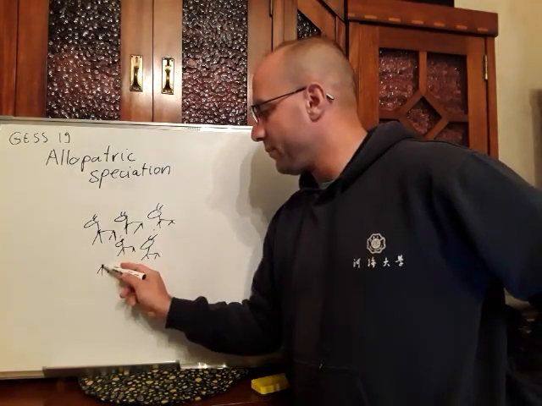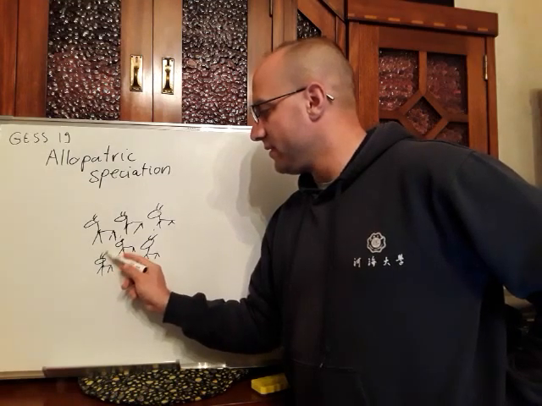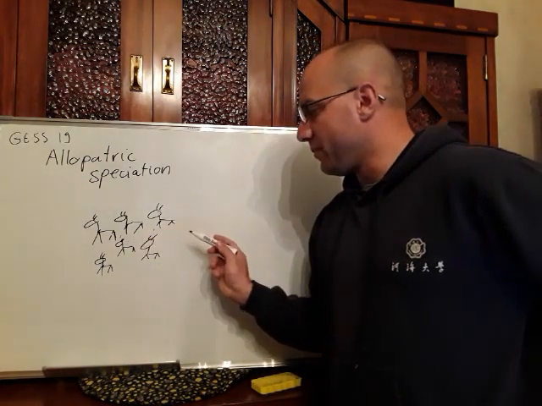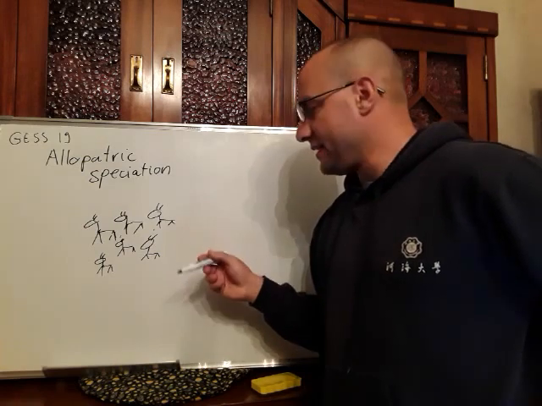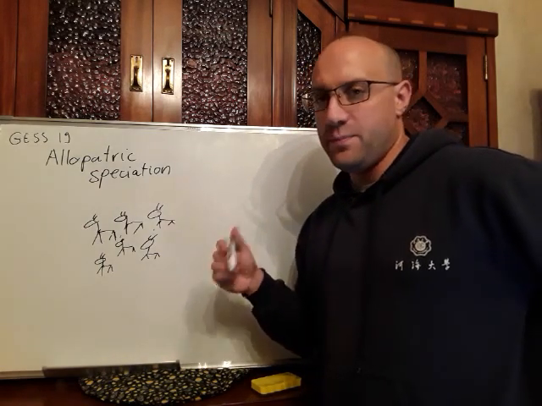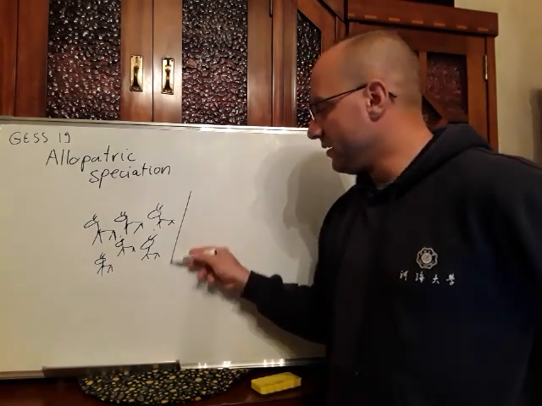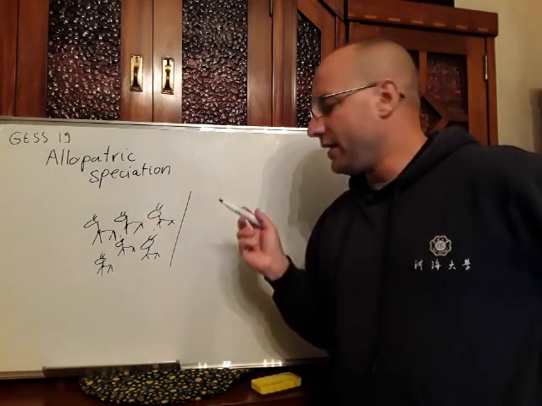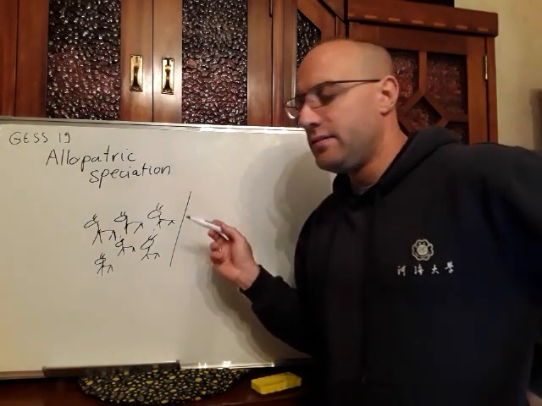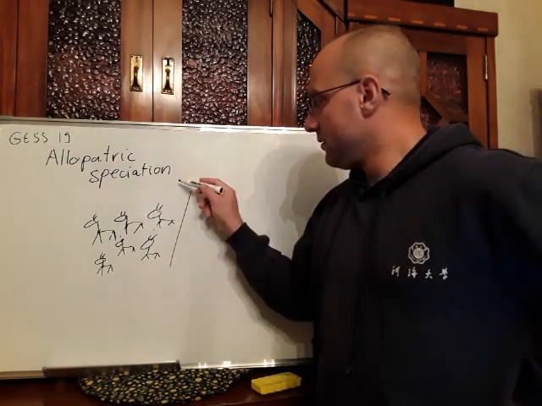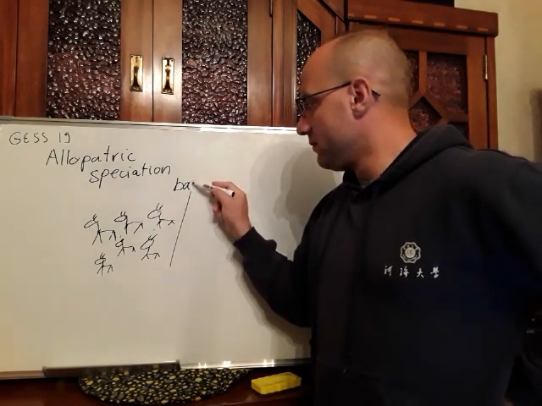And what would happen is that some of these individuals of a population could be crossing some kind of barrier, borderline between the populations. And what can this be then? So what is this kind of barrier?